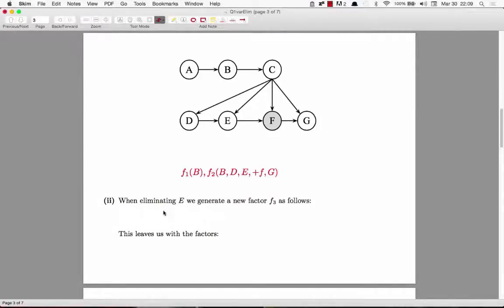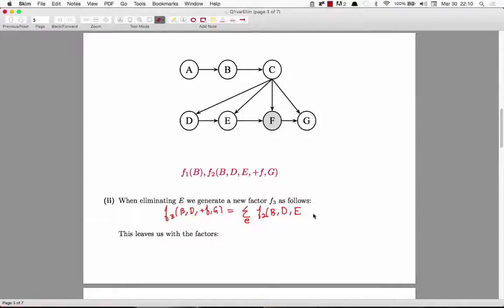So the new factor f3 will be a factor over the variables b, d, f, and g, and this will just be generated by eliminating the variable e from the factor f2. So this is summation over the possible values of e of f2. I'm just writing down the variables here.